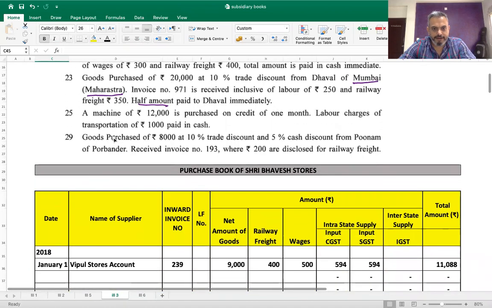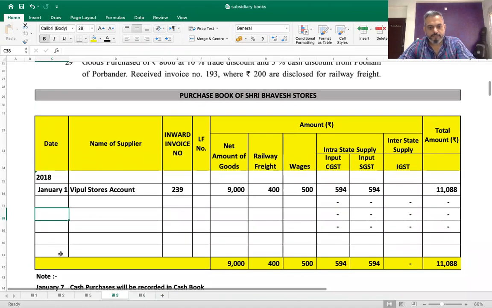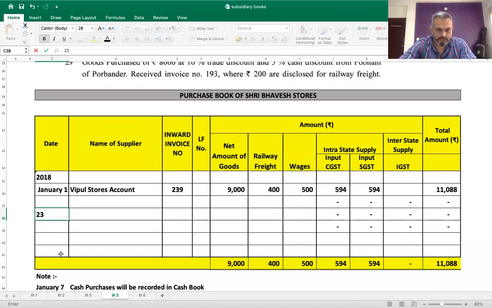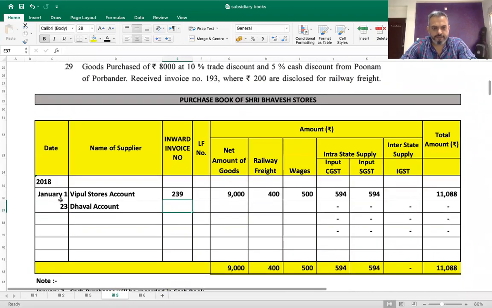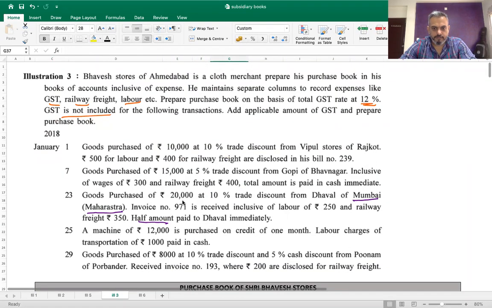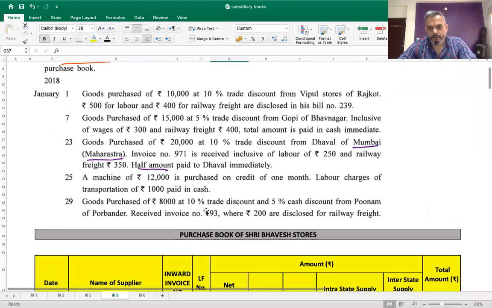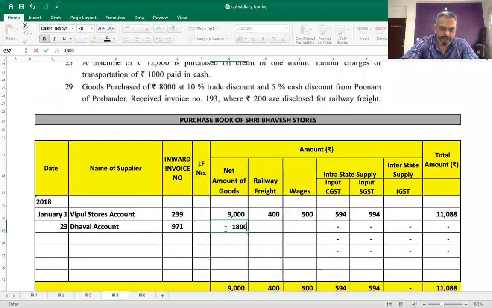So, 23rd, Dhawal account. Bill number 971. 20,000 at 10% trade discount, so 18,000.